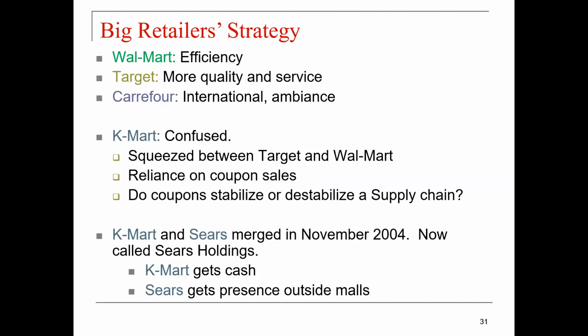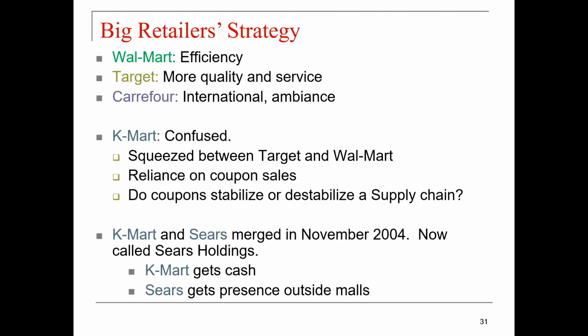So the question will be, do these coupons stabilize or destabilize the supply chain? The answer will be, it depends. If you have the same type of coupons coming and the people react to them in the same way, that's something that you can predict. The uncertainty is not as big. But if you have multiple types of coupons and people react differently to those, then yes, it can destabilize your supply chains.